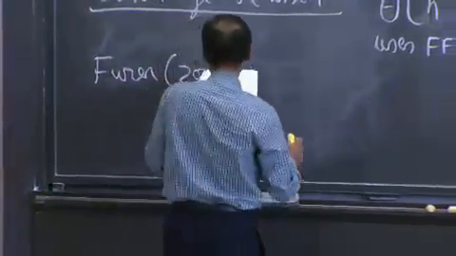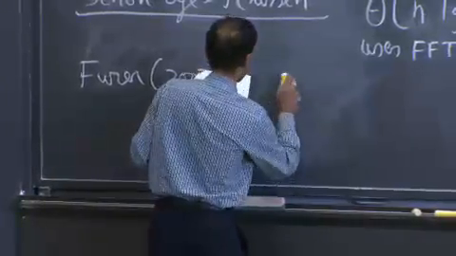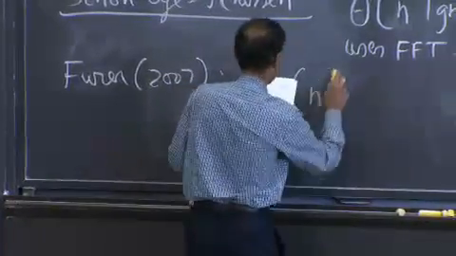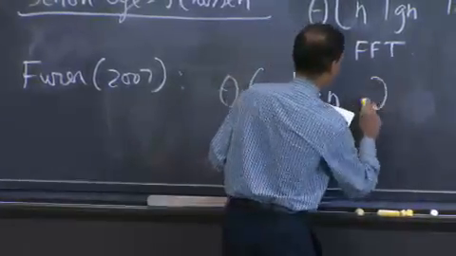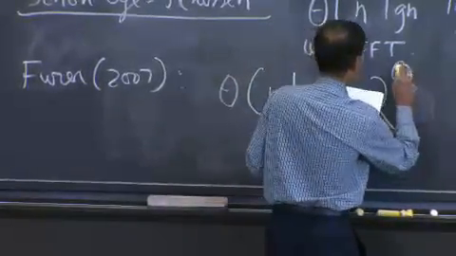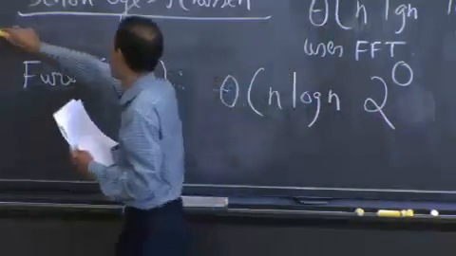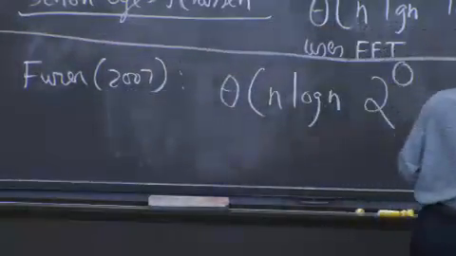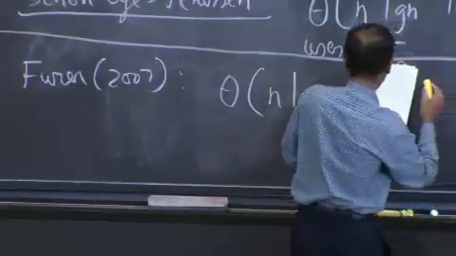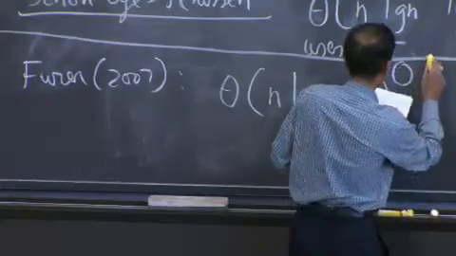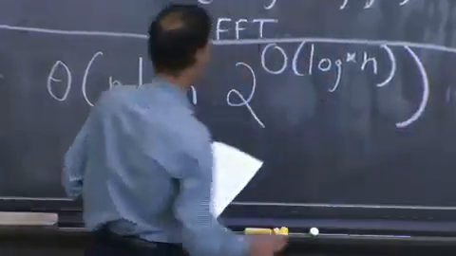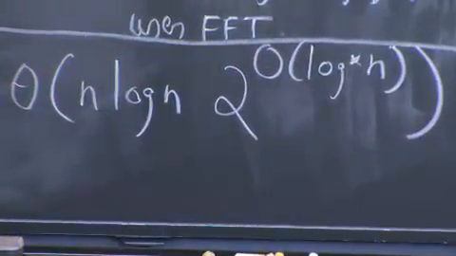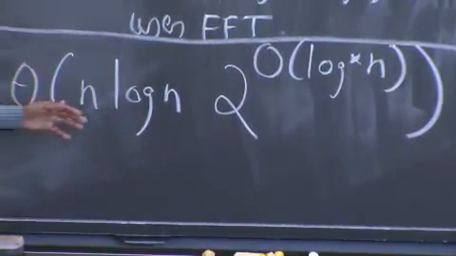A guy by the name of Fürer came up with this algorithm that is n log n, and let me write this carefully, 2 raised to big O, that's an upper bound, of log star n. Okay, that makes sense? No. I'll have to explain it.